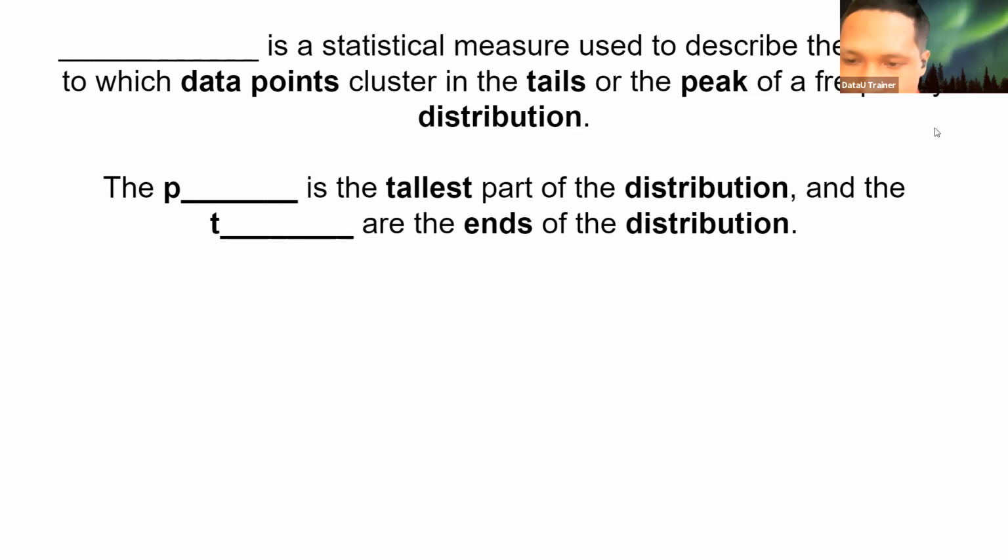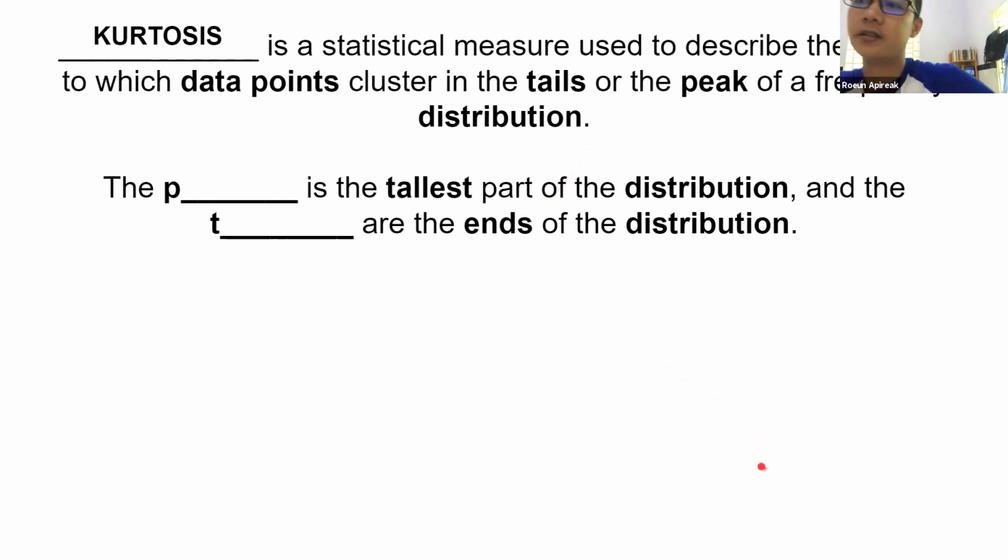The question below, a statistical measure used to describe. Now, what is it? Histogram or? It's kurtosis. Could you tell me the answer of the blank below? Oh, kurtosis. Yeah, sorry, I forgot to do that.